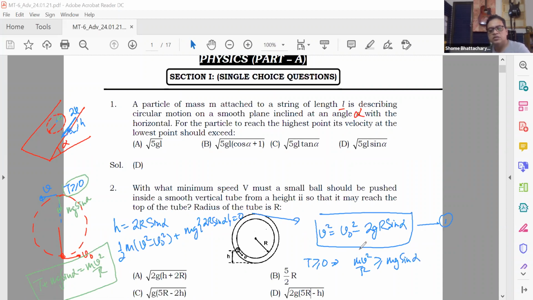So this is your second equation. Now you substitute the condition of the second equation in the first equation. Okay, so what is the relation you will get? That v naught square minus 2gr sine alpha should be greater than or equal to this thing.